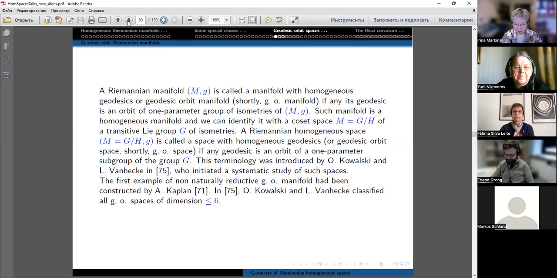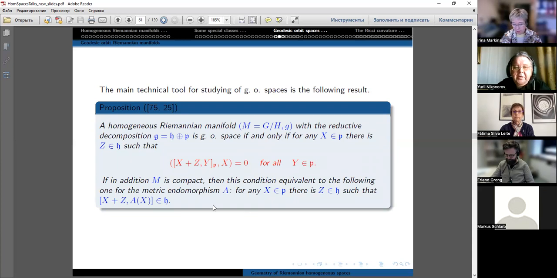Now, the main technical tool for studying such spaces is the following result of Kowalski, Vanhecke, and Szenthe, some additional source by Szenthe. A homogeneous Riemannian manifold with reductive decomposition is a geodesic orbit space if and only if for any x from p, this is a reductive complement to the isotropy subalgebra h, there is z from the isotropy subalgebra such that we have this equality.